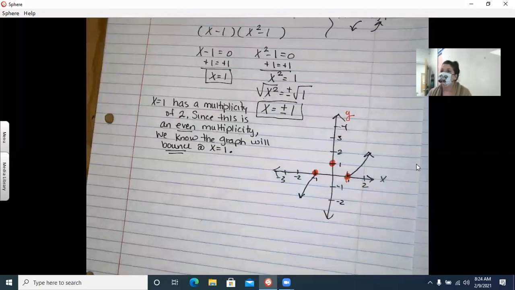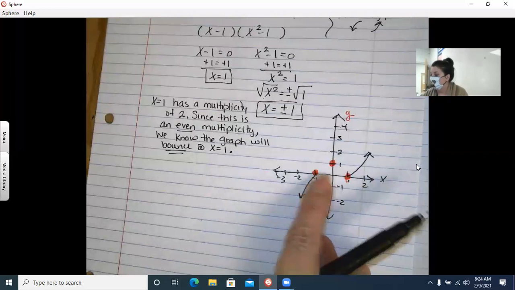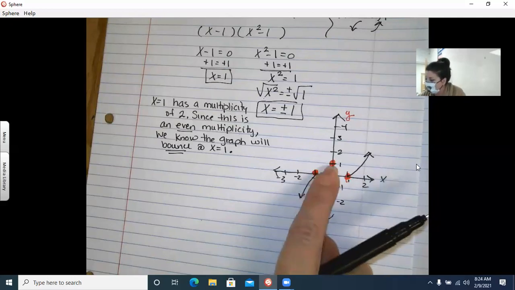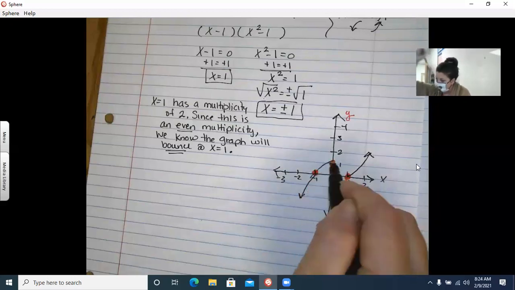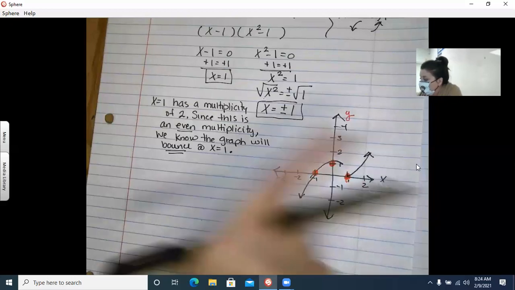So how many times is this going to curve? Just one time, because we only are going to have a curve that we know of between consecutive x-intercepts. We only have one set of consecutive, right? And we know that it's going to have a y-intercept of 1. So we'll just pick up that point. Oh, no, I lied. At positive 1, it's going to bounce.